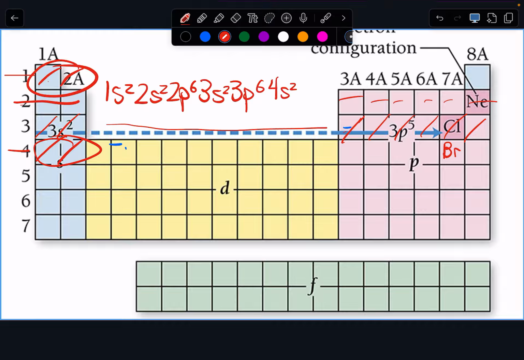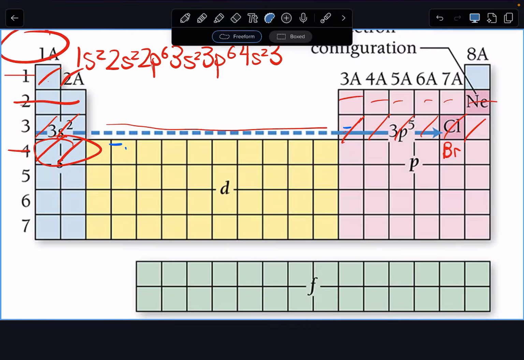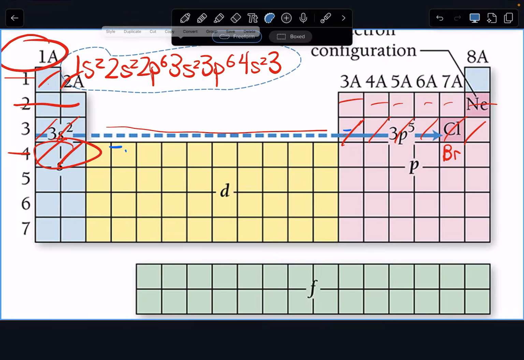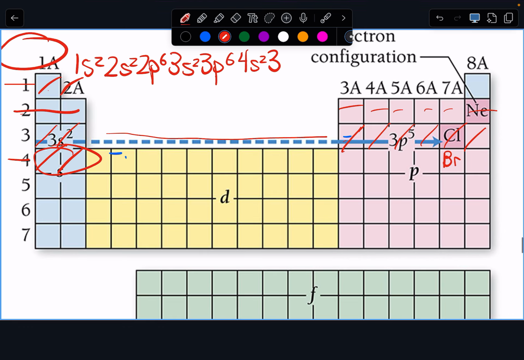Now we hit the d's, okay? So this is a little bit unfamiliar. Remembering that it's 3, 3d, and now let's count them up. 1, 2, 3, 4, 5, 6, 7, 8, 9, 10. It is not coincidence that there's 10 elements and there's 5 d orbitals and each orbital holds 2 electrons.